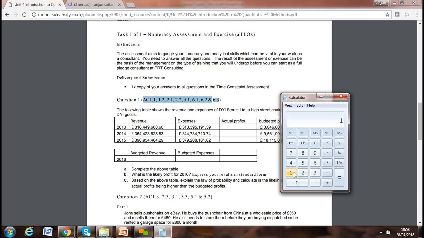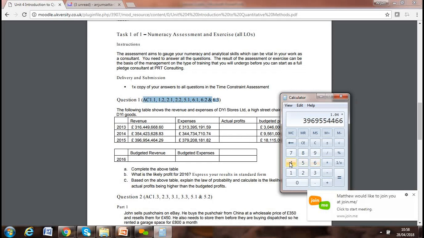So if I need to increase by 4%, how can I write 4%? It means 1.04, yes? Times by 396,954,464.